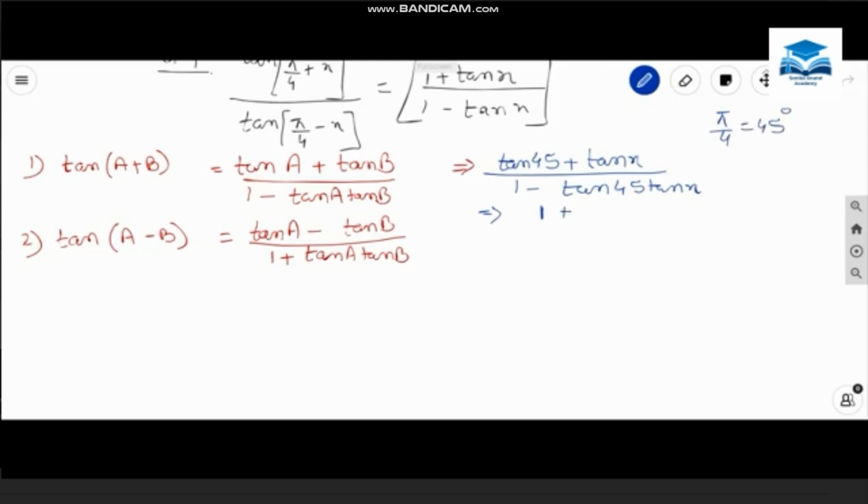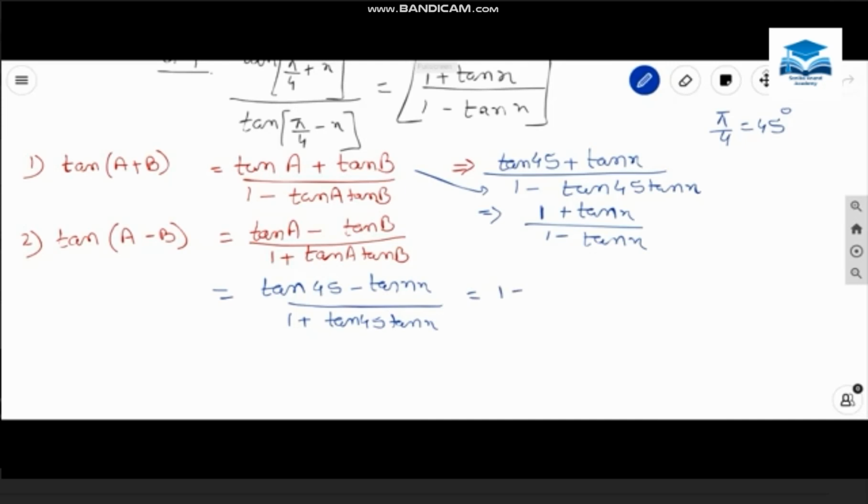Now 1 plus tan x upon 1 minus tan x. This is the answer of this. Similarly, for this we have the answer, tan 45 minus tan x upon 1 plus tan 45 tan x, which is equal to 1 minus tan x upon 1 plus tan x.